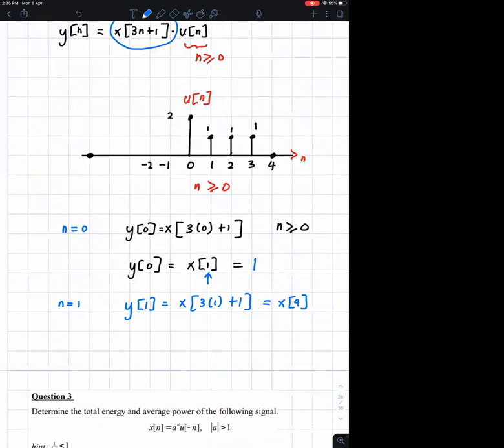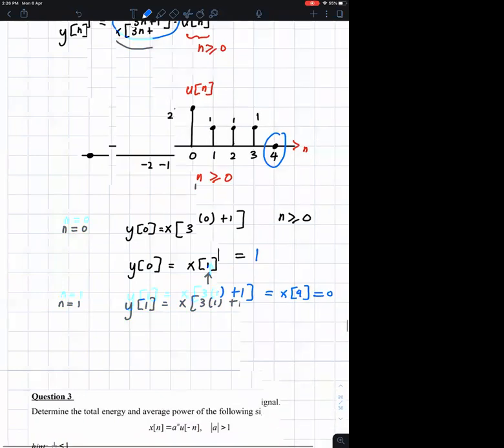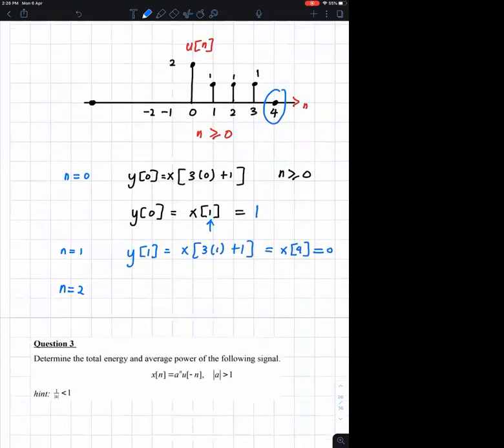When n equals 4, what is the value? 0, right? Yes. So it's 0. So when n is equal to 2, similarly, y[2] is x[7].